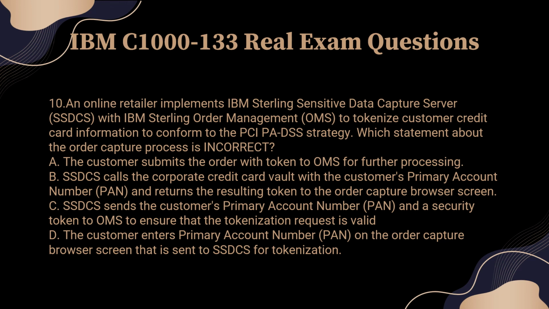B. SSDCS calls the corporate credit card vault with the customer's primary account number, PAN, and returns the resulting token to the order capture browser screen. C. SSDCS sends the customer's primary account number, PAN, and a security token to OMS to ensure that the tokenization request is valid. D. The customer enters primary account number, PAN, on the order capture browser screen that is sent to SSDCS for tokenization.